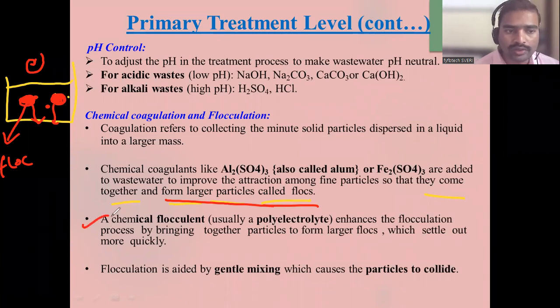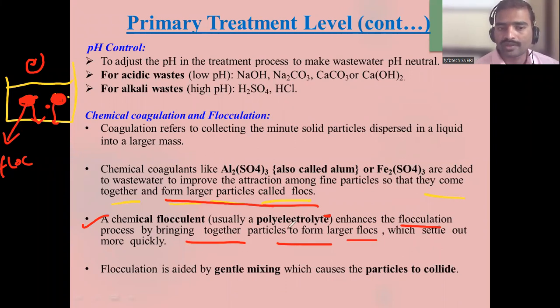In the chemical flocculant, usually polyelectrolyte is used to enhance the flocculation by bringing particles together to form larger particles. One is the chemical coagulant. Which chemical coagulant is used? Alum, or ferric sulfate.